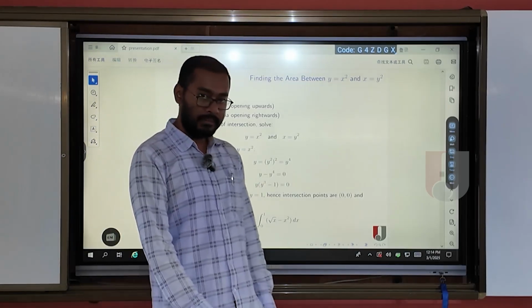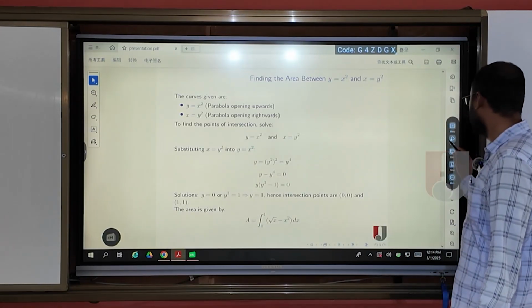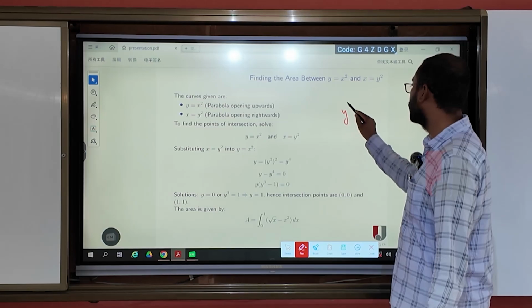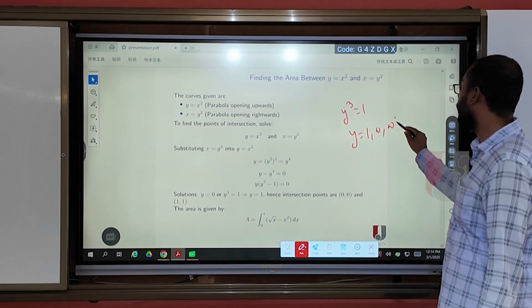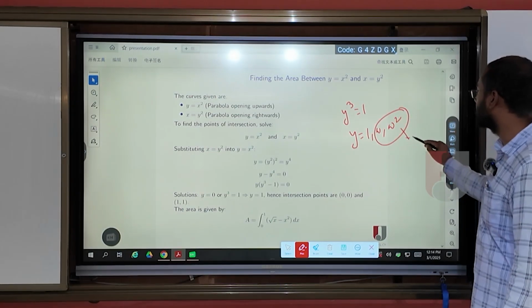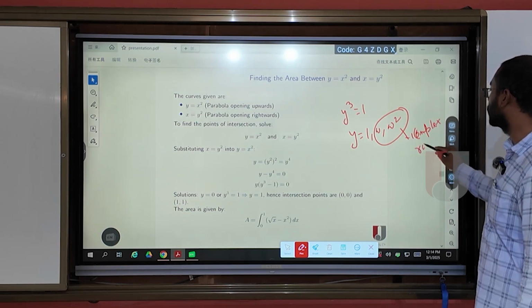Since y is a real number, y cube is equal to 1, that gives the values 1, omega, omega square, but we should not consider the remaining two values because these are complex roots.